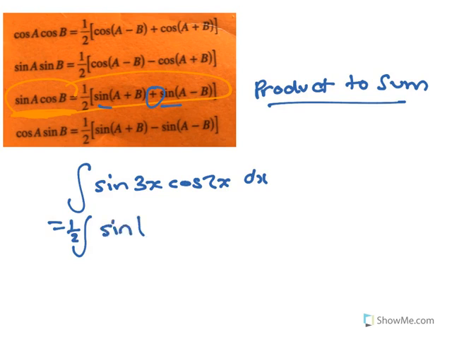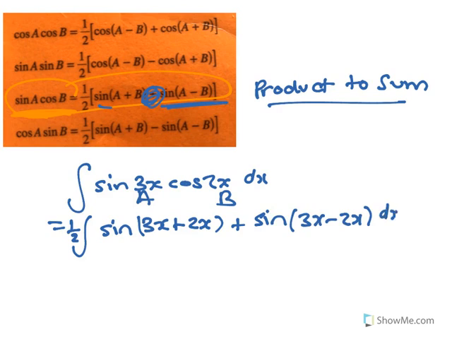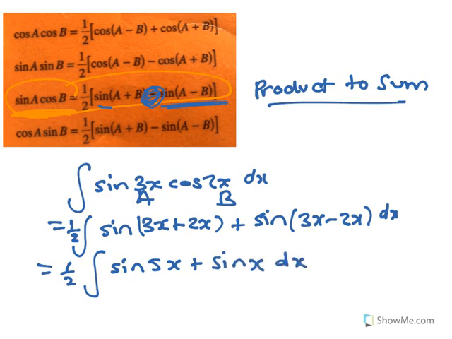So it's sine a plus b, so that's 3x plus 2x, because that would be a and that would be b. And then plus in the middle, sine 3x minus 2x dx. So that's a half, sine 5x plus sine x dx.